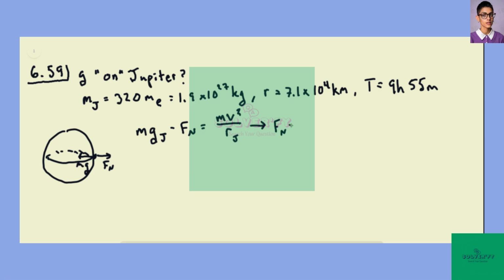And so this normal force is going to be m times the acceleration of gravity on Jupiter minus v squared over the radius of Jupiter.